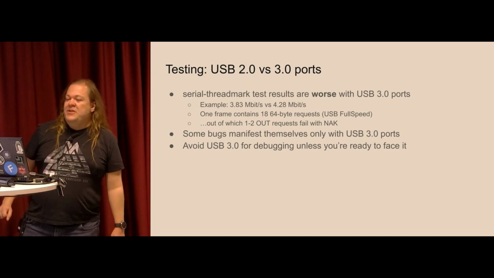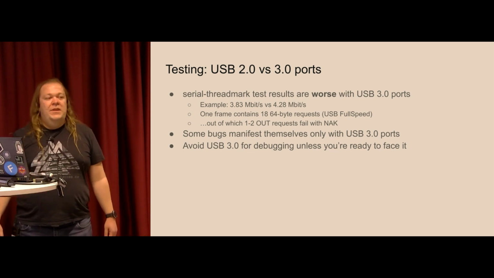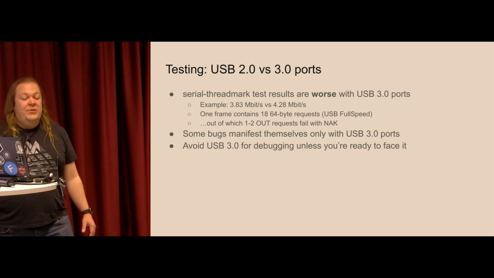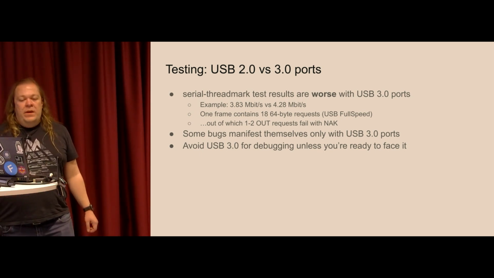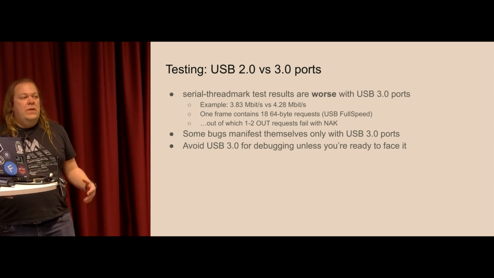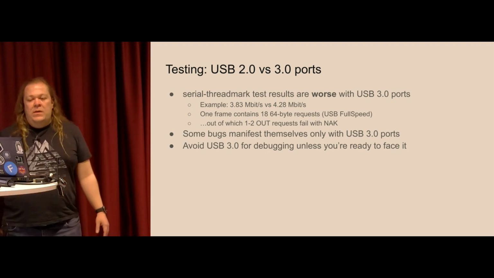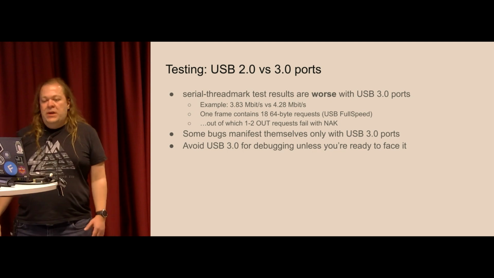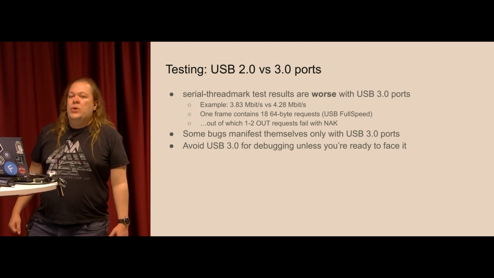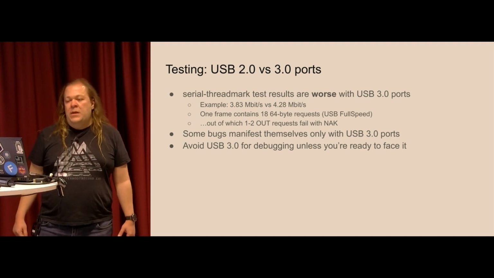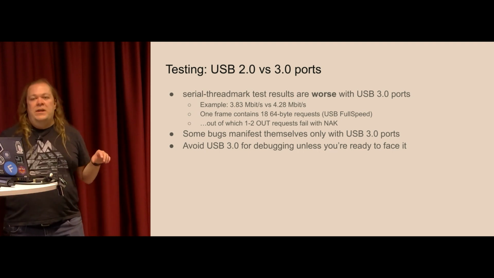Then we have an interesting story. For some reason with this test, USB 3.0 ports lead to worse performance than USB 2.0 ports with the same device, with the same firmware. The reason is that all the transfers happen within one frame, and one frame for slow devices is 1 millisecond, and with 64-byte transfers you can have only 18 transfers within one frame. And USB 3.0 ports use a different polling pattern. For example, USB 2.0 ports for this test use read, write, read, write, read, write.